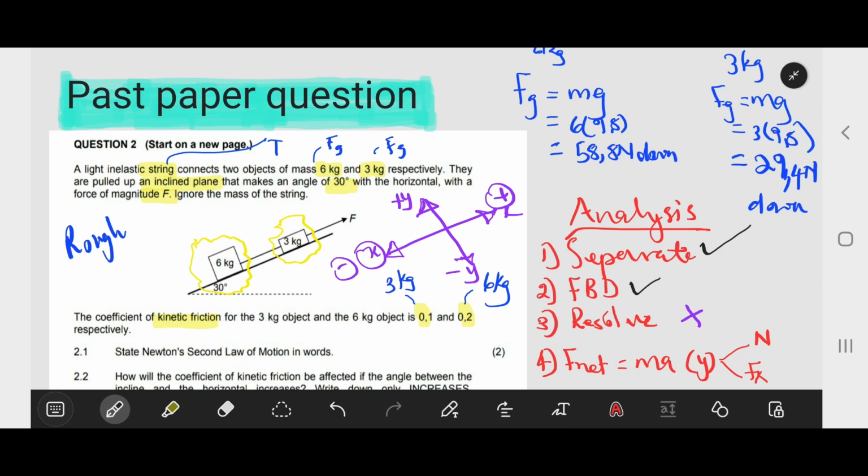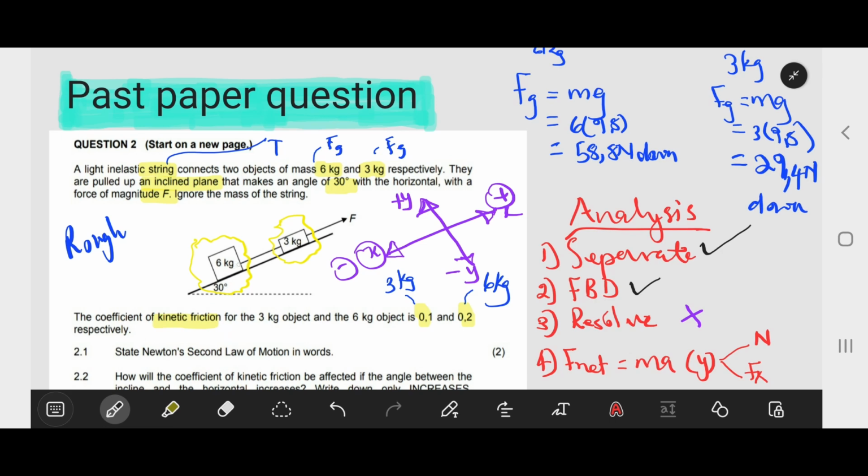All right, so let us look at the free body diagram for the 6 kg. We have a surface here, right? It means we should have a reaction force, which is the normal force, perpendicular to the surface, right? And we also have a mass of 6 kg, so we have gravitational force going downwards, right?